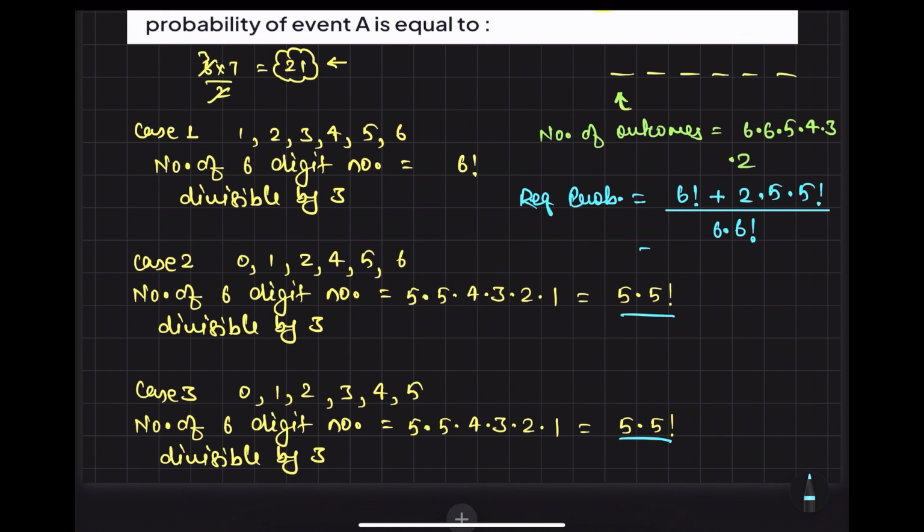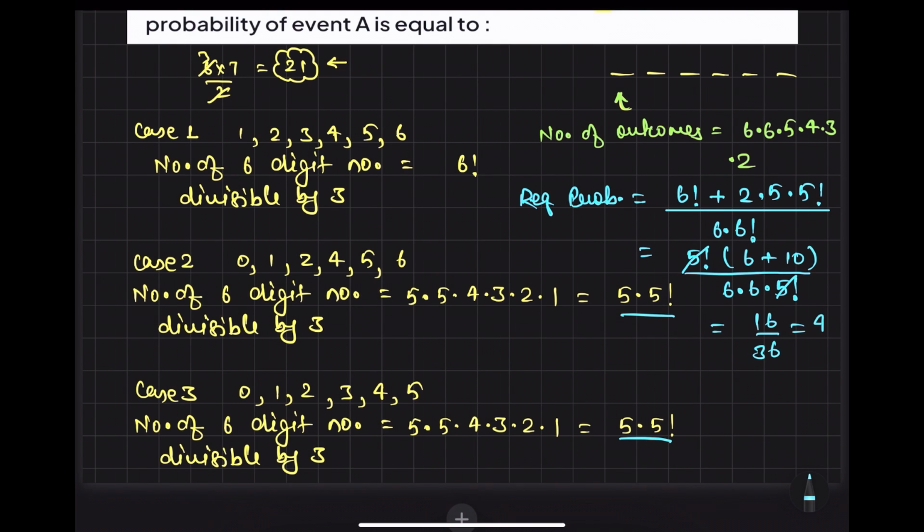You can simplify this if you wish. Let's take 5 factorial common. You will have 6 plus 10, and then 6 into 6 into 5 factorial. So this cancels, and we are left with 16 by 36.